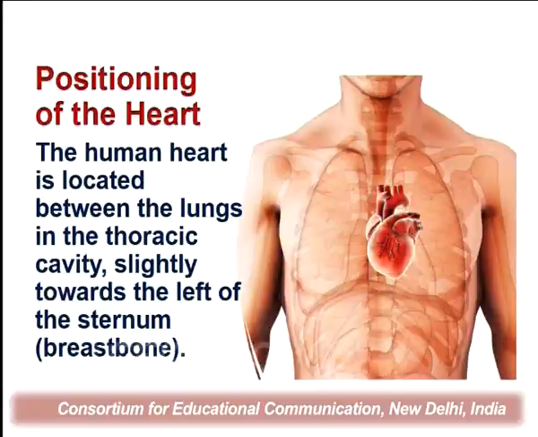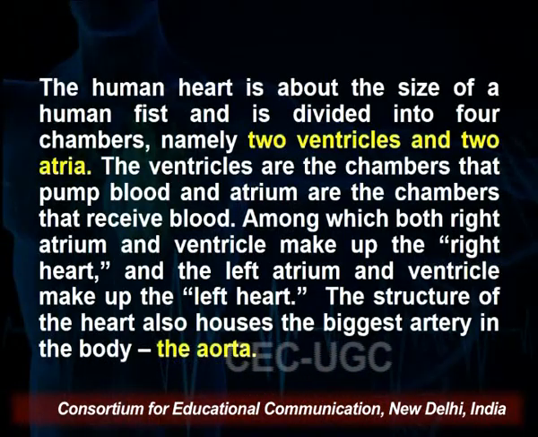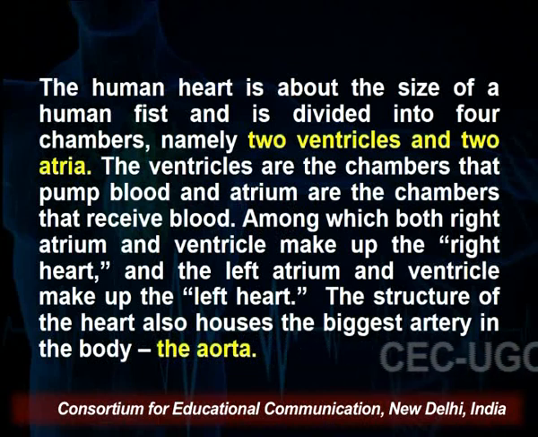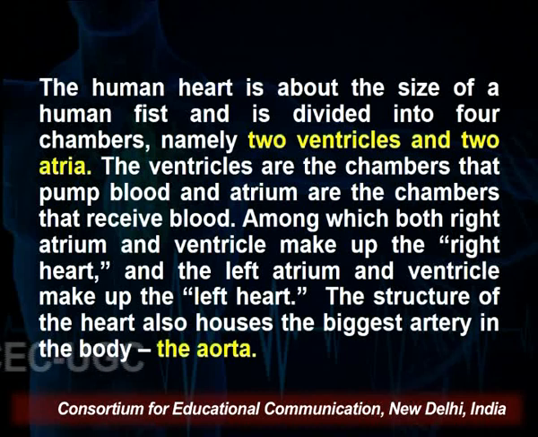Positioning of the heart. Here we can see the photograph in which we can see the positioning of the heart. The heart is located between the lungs in the thoracic cavity, slightly towards the left of the sternum. The sternum is the center bone of the thoracic cage. The human heart is about the size of a human fist and is divided into 4 chambers, namely 2 ventricles and 2 atria.